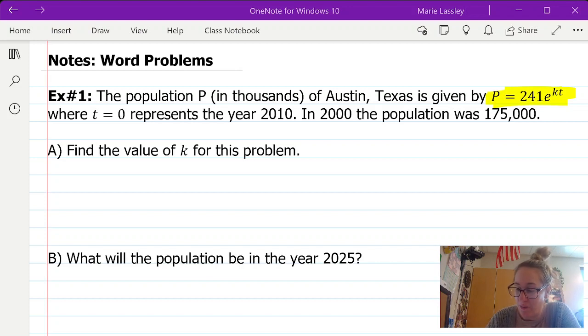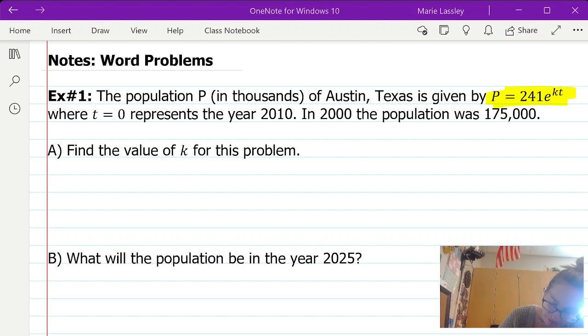We know P is the population after however much time, and k we don't know. e is just the number roughly 2.72, so that's not a variable, it's a number. So we're just going to plug in some stuff we know. The population is 175, and remember it also says this is in thousands. So when we plug in 175,000, we really only are plugging in 175.